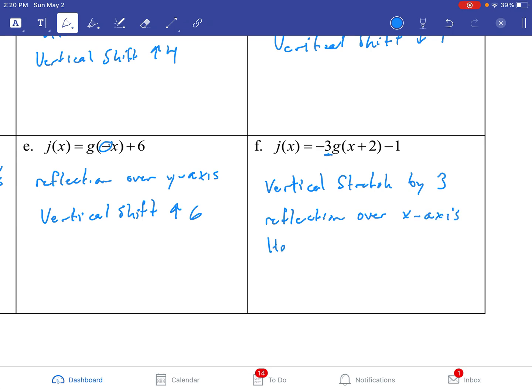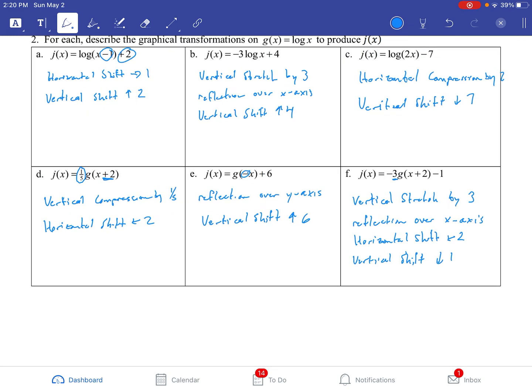The +2 is a horizontal shift, going to the left by 2. And lastly, the -1 is a vertical shift, going down by 1.